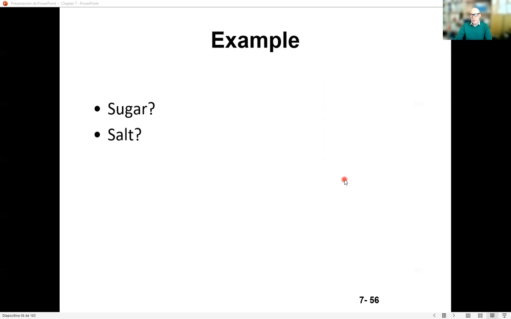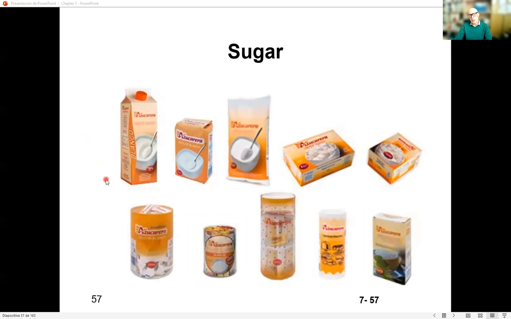It's not easy to find companies, products or markets in which companies follow an undifferentiated marketing strategy. Think of sugar or salt. Maybe you think that salt is salt and sugar is sugar, but it's not true. For example, sugar comes in many different varieties, versions, or packages, as you can see here.